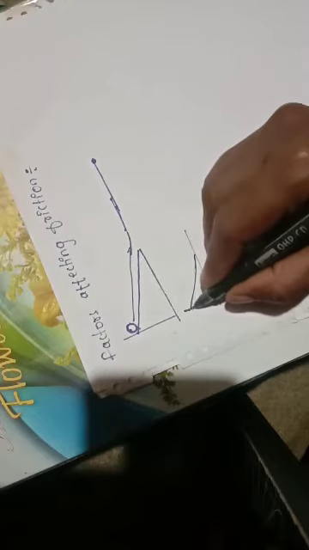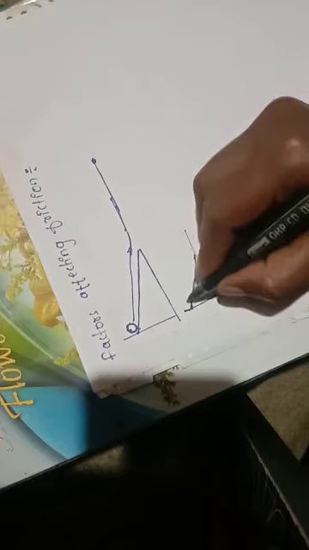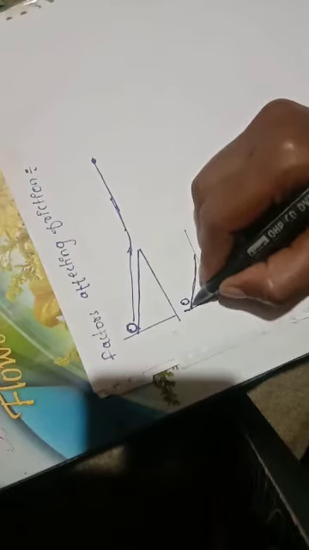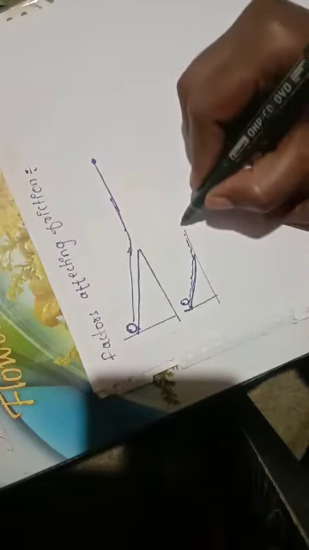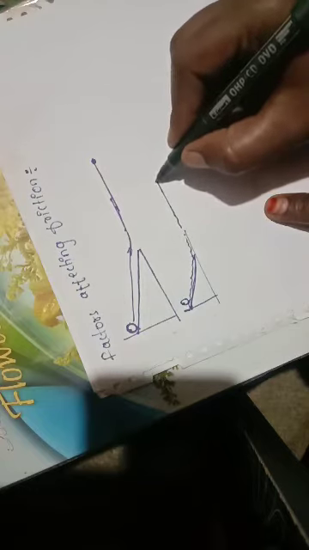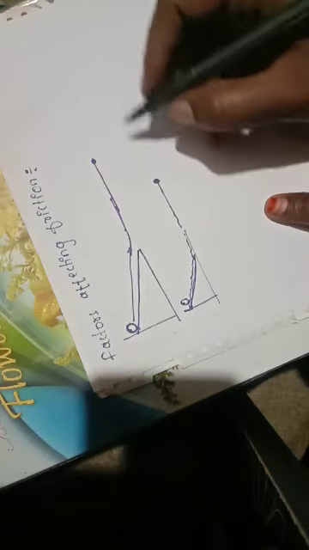Same wall, same plank. Place a carpet without wrinkles and do the same experiment. Now the ball moved up to here and stopped.